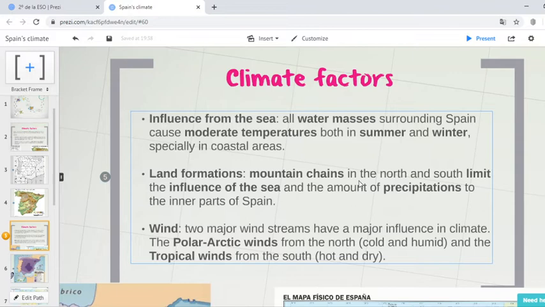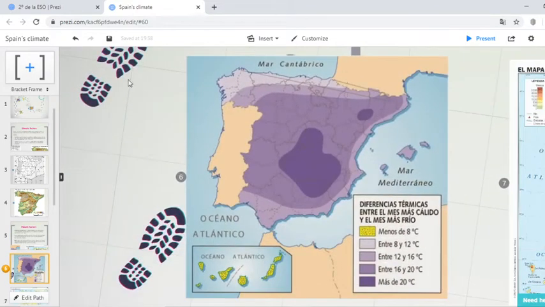In winter, the temperatures are not as cold as they should be, because huge water masses help to regulate temperature. As you can see here, Spain is surrounded by water masses: the Atlantic Ocean on the western and northern side, and the Mediterranean Sea on the eastern side.